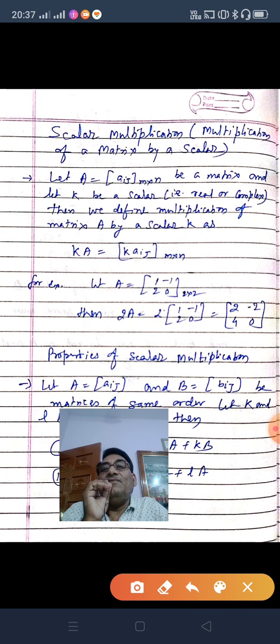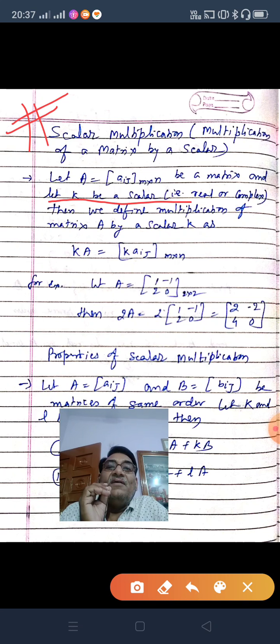Now, student, we will start scalar multiplication of matrices. Scalar multiplication of matrices means a scalar multiplied by a matrix. Let A equal Aij of m cross n order be a matrix, and let K be a scalar, any real or complex number.